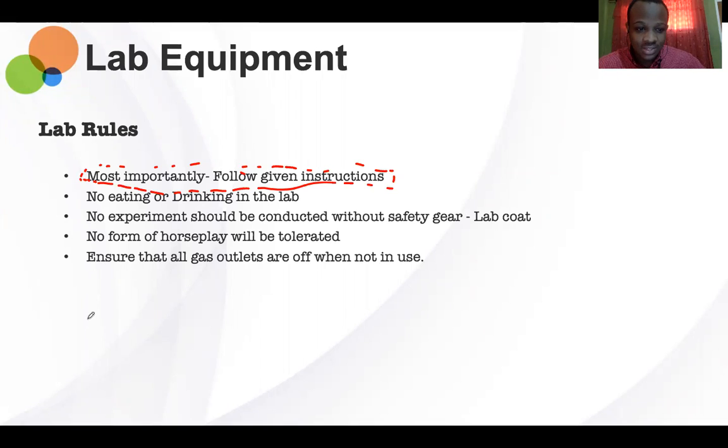And the last one is ensure that all gas outlets are off when not in use. Why? Why do we turn off all the gas outlets? Sir, because it can cause fire. The place can catch a fire, and what else?